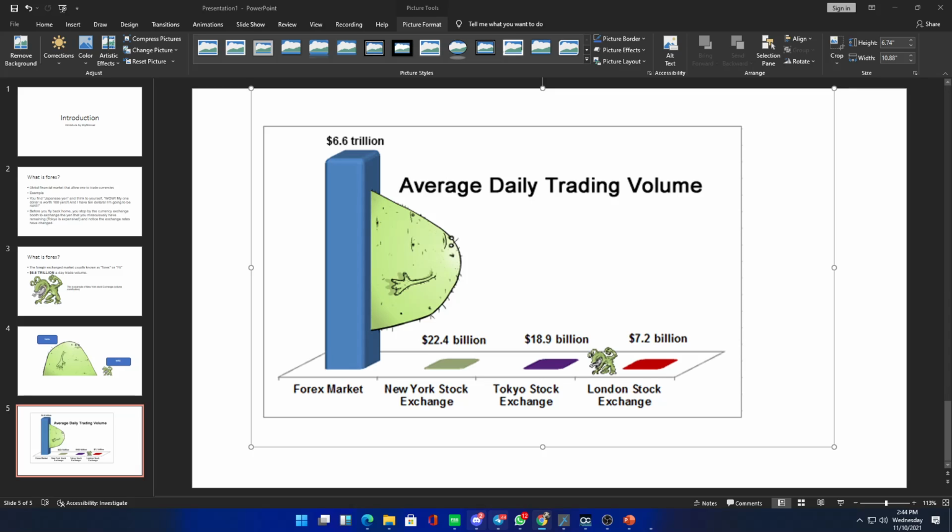It is very difficult to determine the exact size of the retail segment of the FX market, but it's estimated to be around 3 to 5 percent of overall daily FX trading volume, around 200 to 300 billion. I think experts in the forex trading market have done research, and the volume traded by retail traders like us is only around 200 to 300 billion per day compared to 6.6 trillion for the overall market.